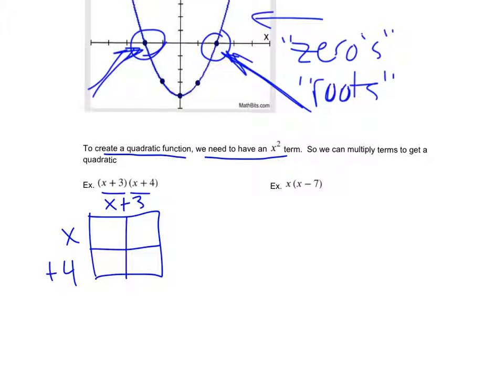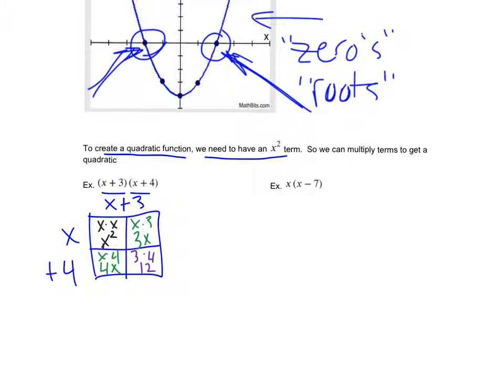So this one becomes x times x, or x squared. This one becomes x times 3 for 3x. This bottom left one becomes x times 4 for 4x. And the bottom right becomes 3 times 4, which is 12.